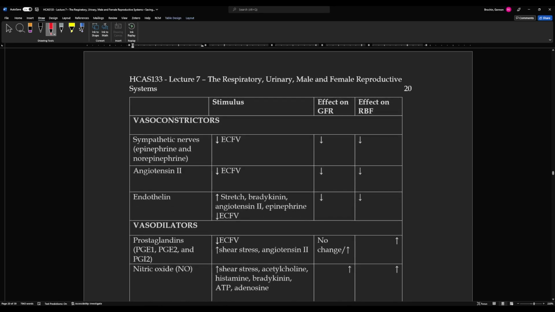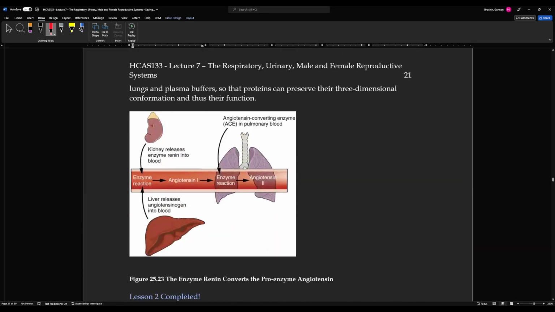Now, something that's very important to talk about is the renin-angiotensin-aldosterone system. So renin, as we mentioned before, is made by the juxtaglomerular cells. If the body were to have a sudden massive drop in blood volume, let's say you are bleeding, right?